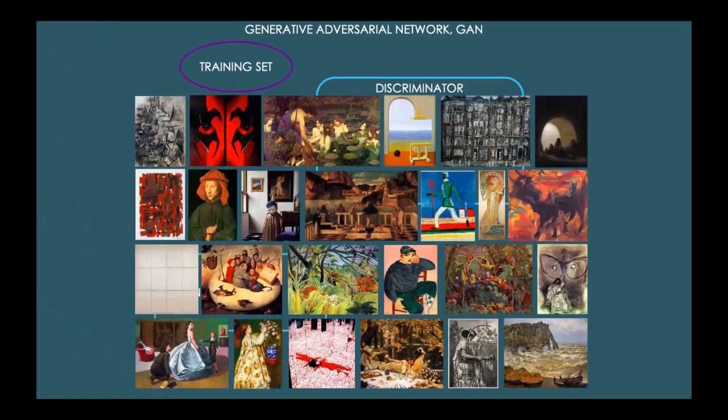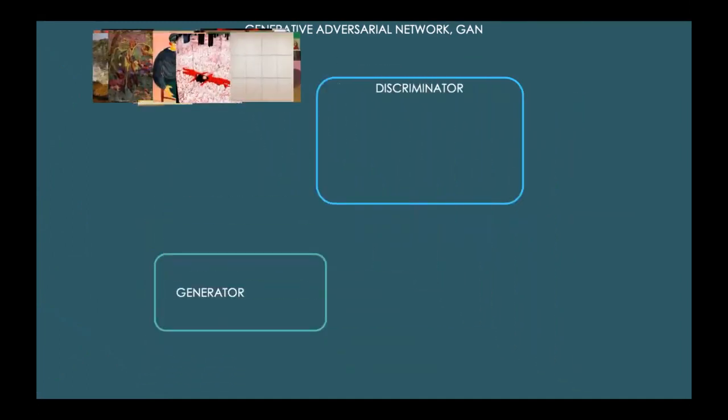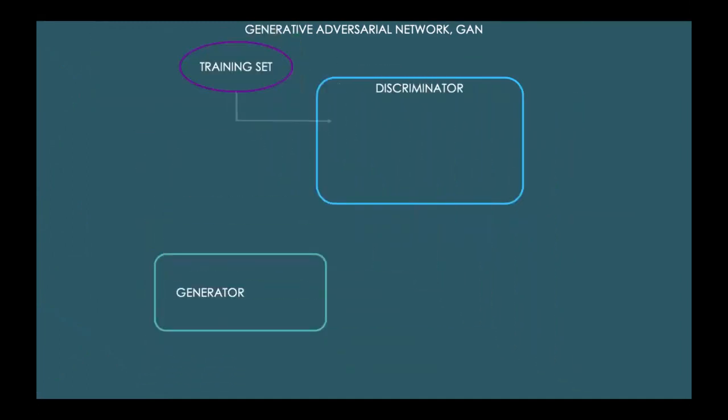So here I've got an example of some artworks from, I think, WikiArt. These images will be fed into the discriminator, which learns a sort of selection criteria of what it thinks images from the training set are like, or what it thinks human artwork is like. That's the broad category I'm using today.